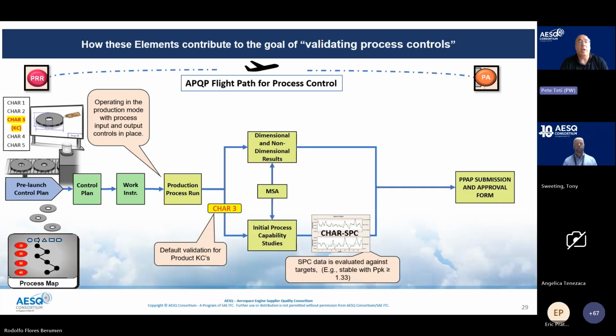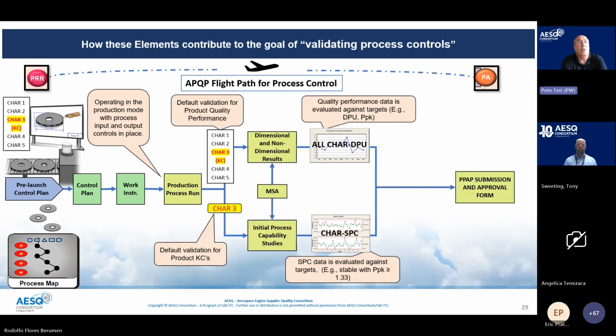Moving forward to the right, we may have a characteristic in yellow here identified as a key characteristic. That's going to have a certain control signature. We would be looking for SPC control charts, processes in control, the operator knowing how to respond to out of control patterns, understanding the Western Electric rule patterns that illustrate non-random activity that requires us to take action.